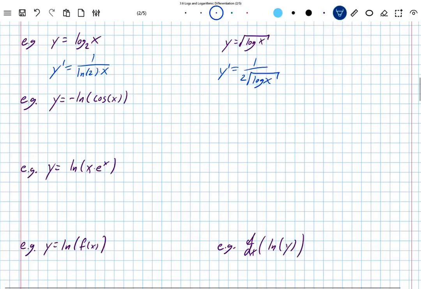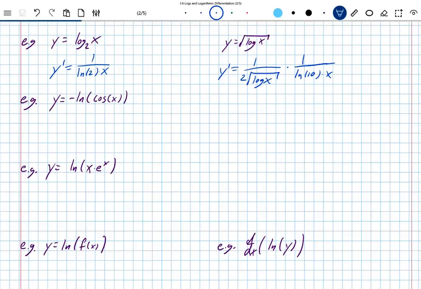Next up, we have to multiply that by the derivative of the inside. So the derivative of a common log is going to be 1 over natural log of 10, because that's that hidden base on a common log, times x. Actually doesn't clean up that much, so I'm going to leave it like that. Great. So that was both a chain rule and a common log, a log base 10.